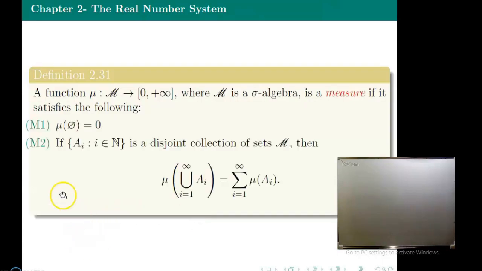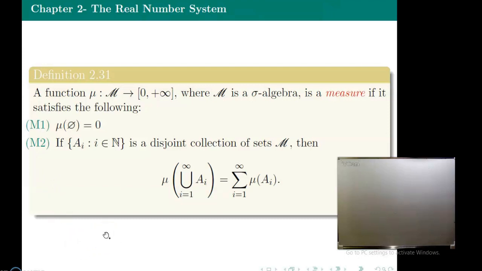Okay, so we have here the disjoint collection of sets. Then we have this one. So take note, in this definition of the function, we call it as a measure, it satisfies the third ideal property.